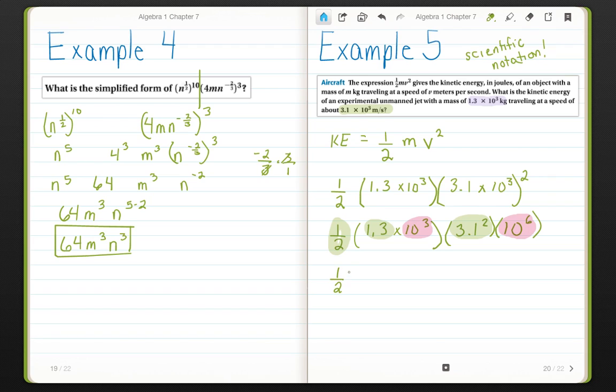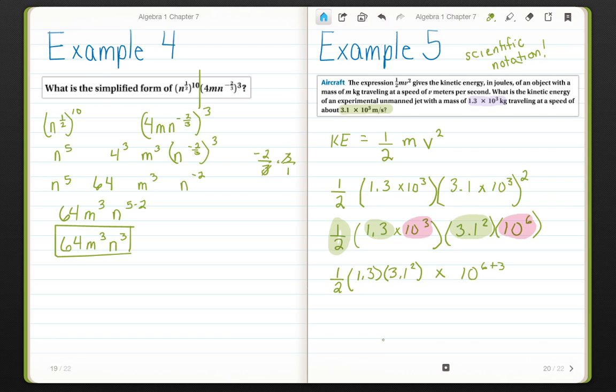So 1/2 times 1.3 times 3.1 squared times 10 to the 6th plus 3.